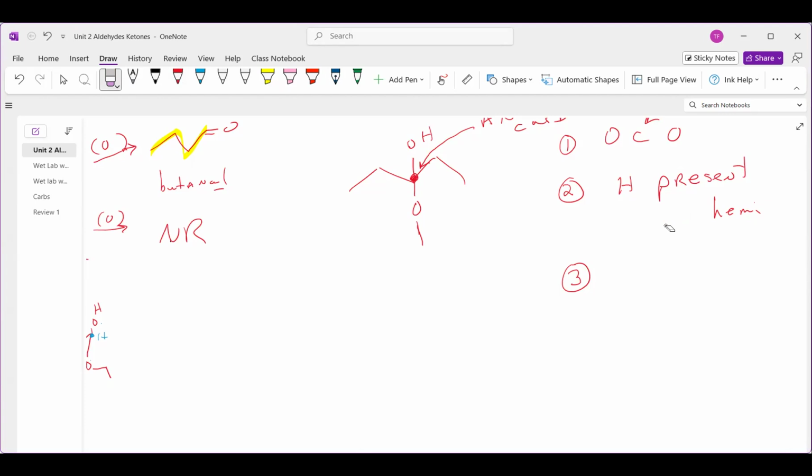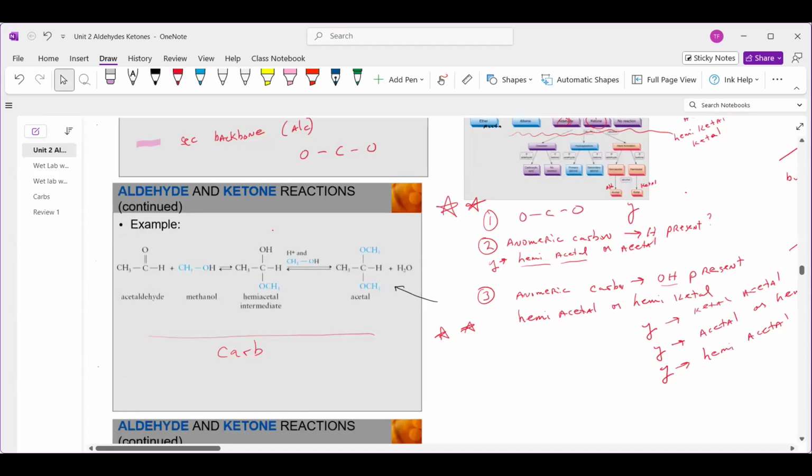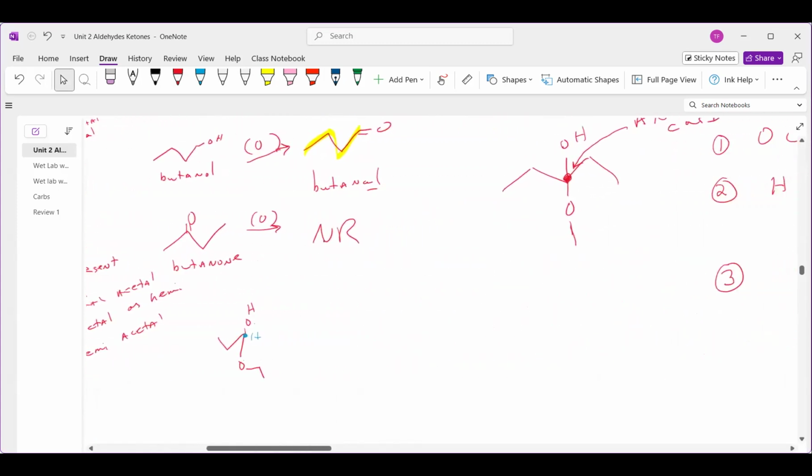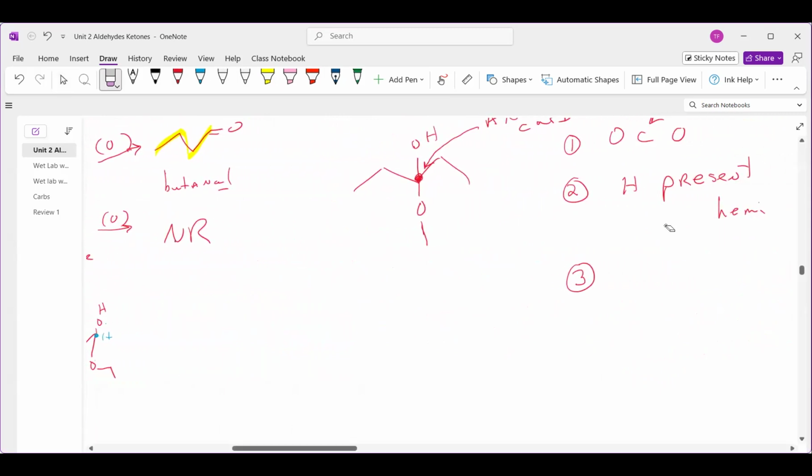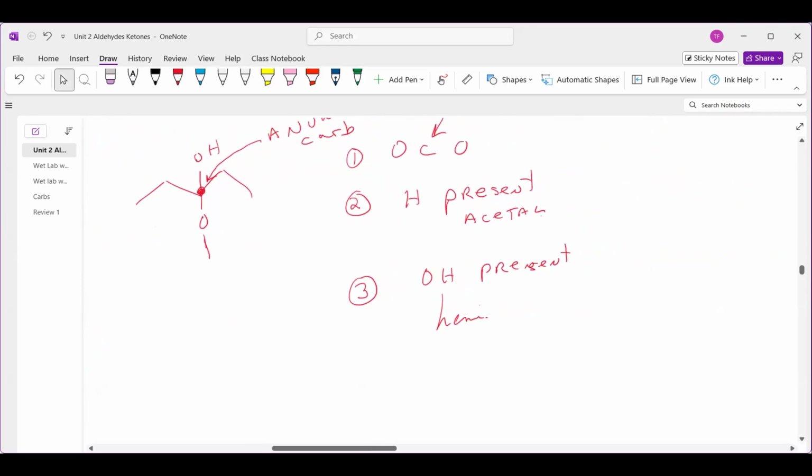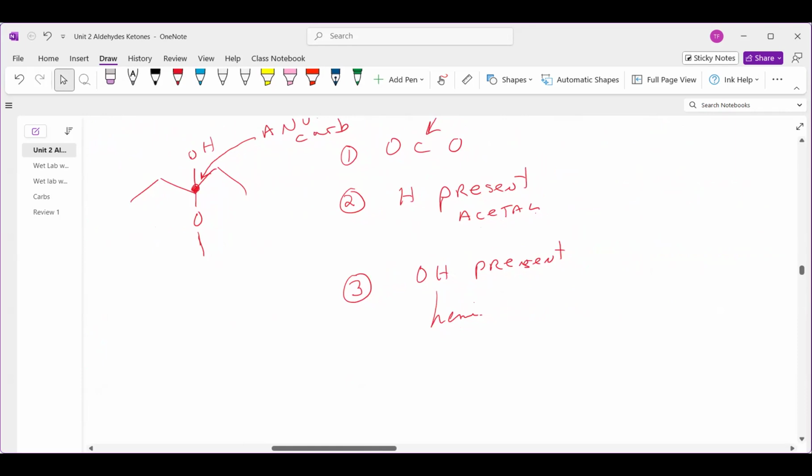Okay, so there's an OH present on the anomeric carbon.